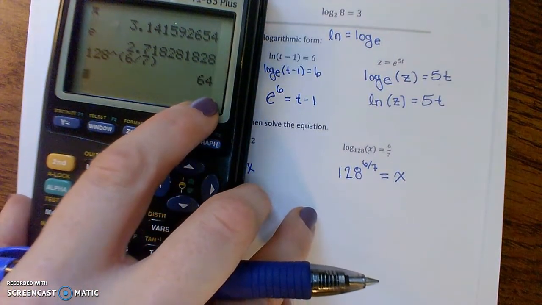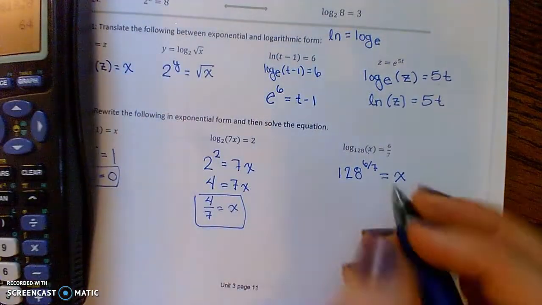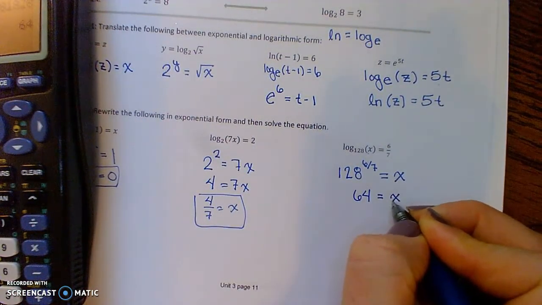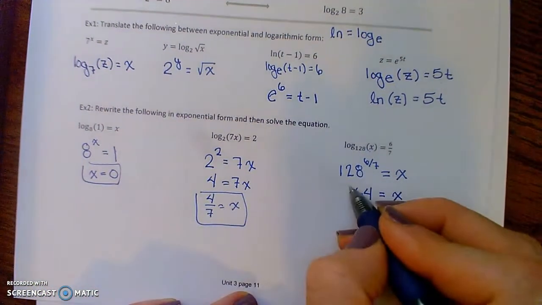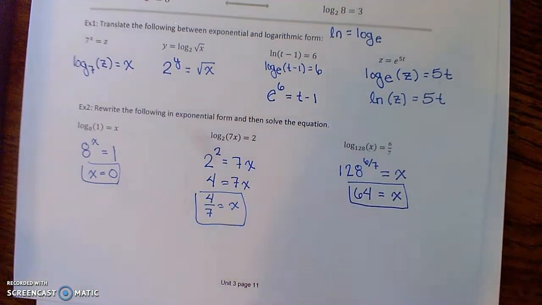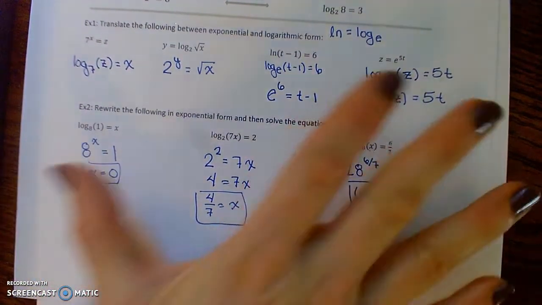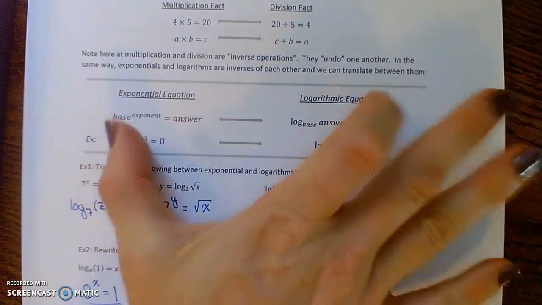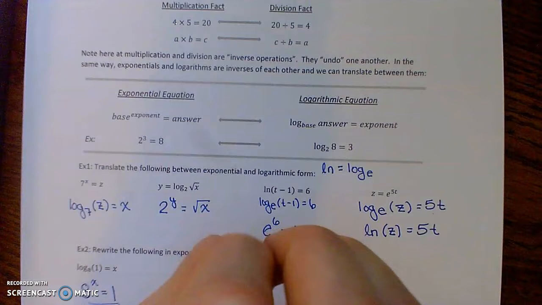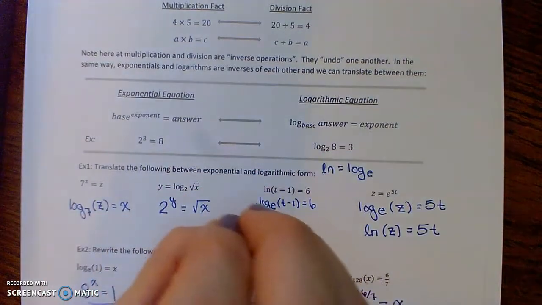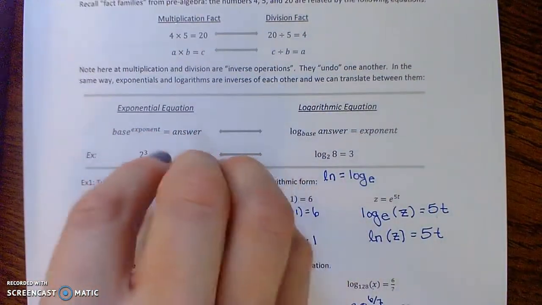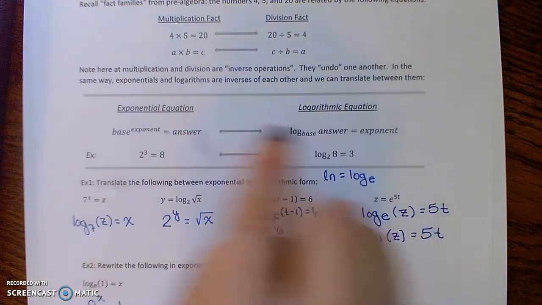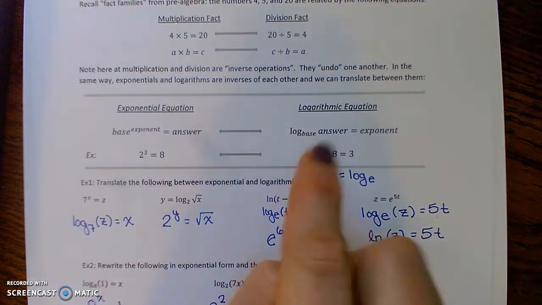Oh, I get an exact number, 64. So 64 equals x. Again, I want you to think of logarithms and exponentials as basically the same concept. They form a fact family. Whenever you see one of these equations, you can convert it to a logarithm equation by using this dictionary, and vice versa.